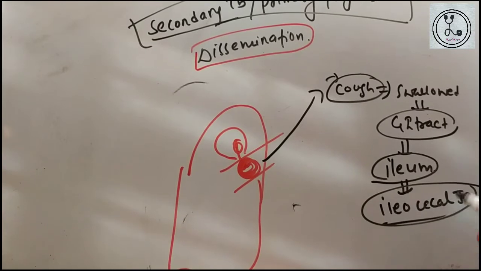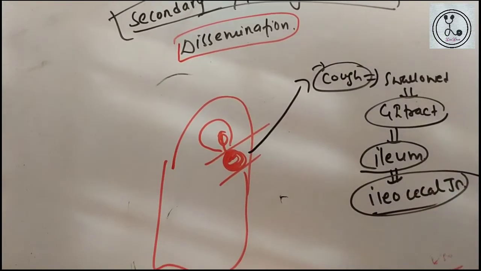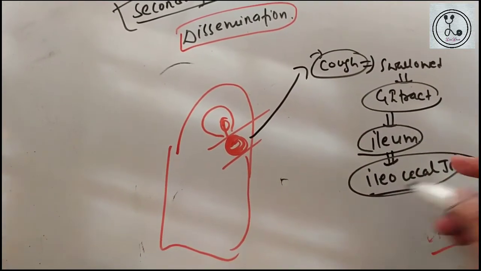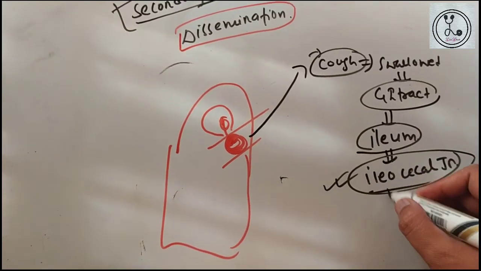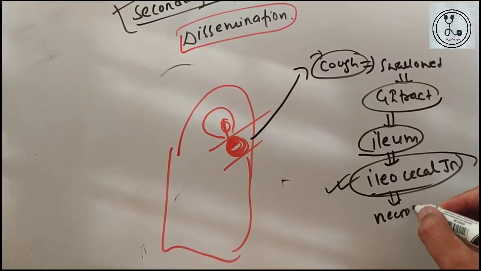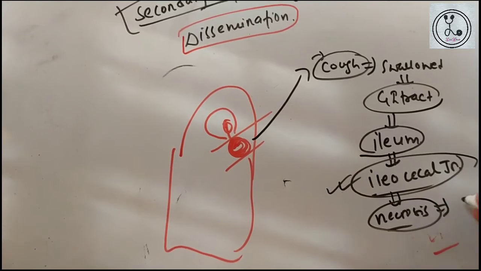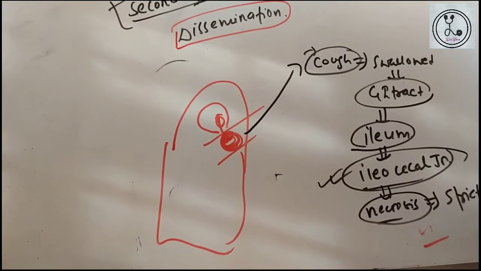This is also a question: at which point in the GI tract do the tuberculosis bacteria especially affect? The answer is the ileocecal junction, and they will ultimately cause necrosis in that area, and ultimately there will be stricture formation in the ileocecal junction.